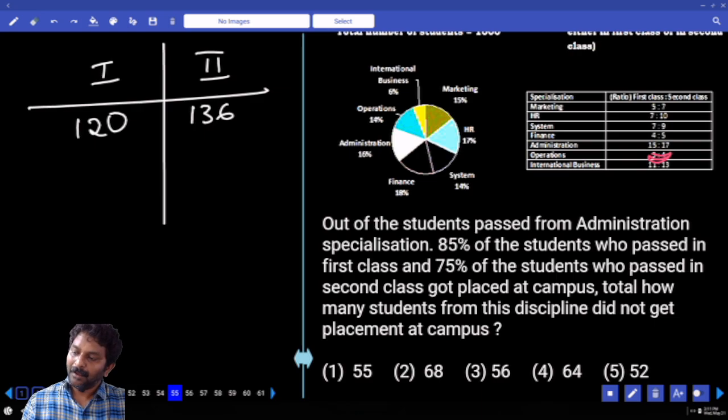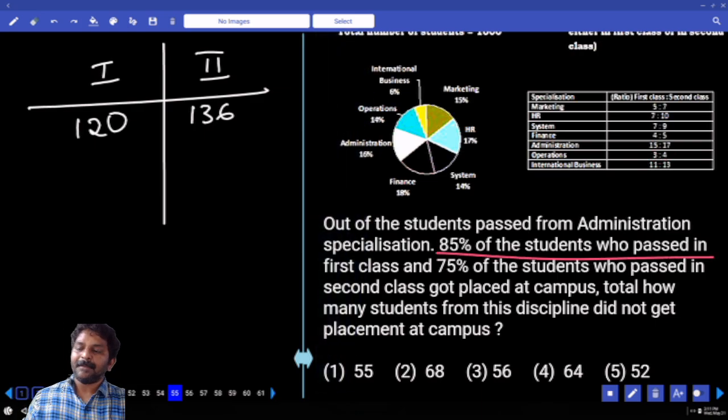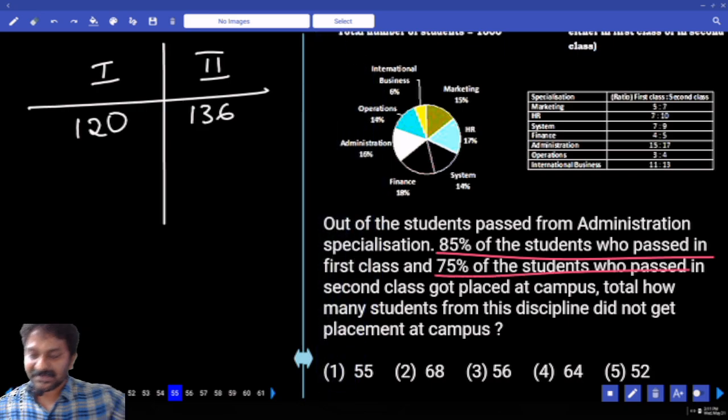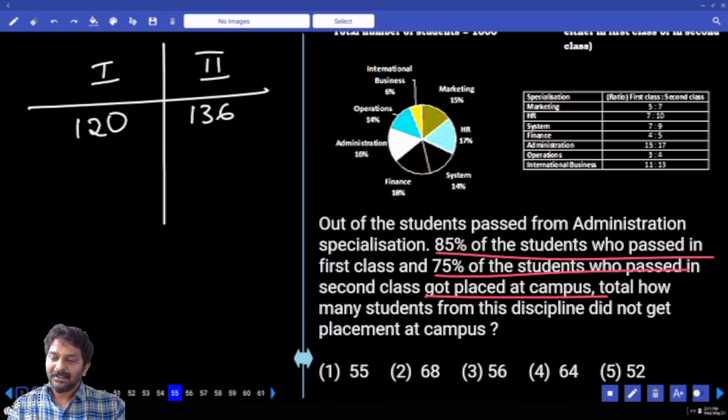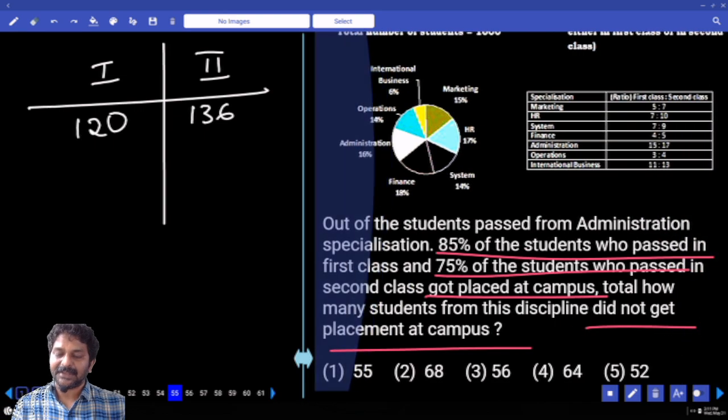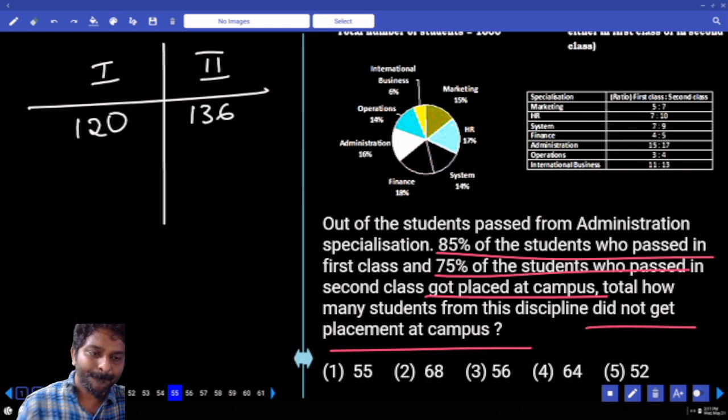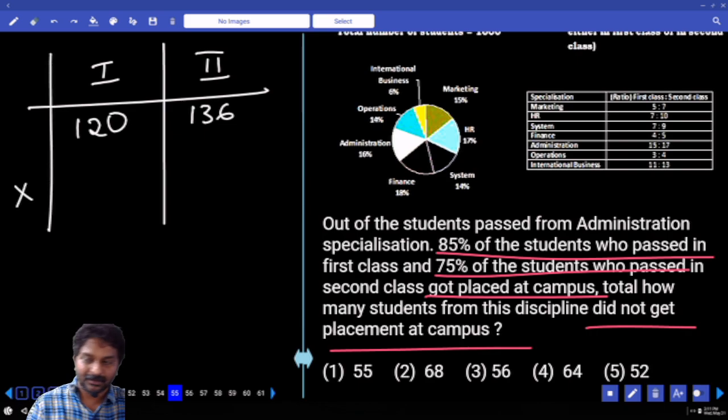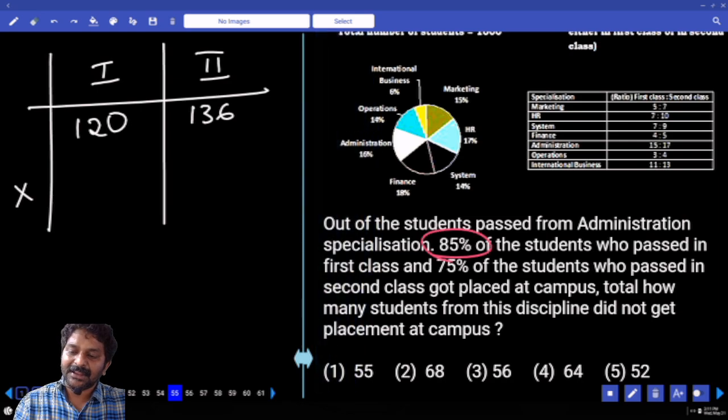Correct? Out of them, 85% of the students who passed in first class, 75% of the students who passed in second class got campus placement. Now the question is about how many did not get campus placement. Right. How many did not get? Okay. In first class, 85% got.